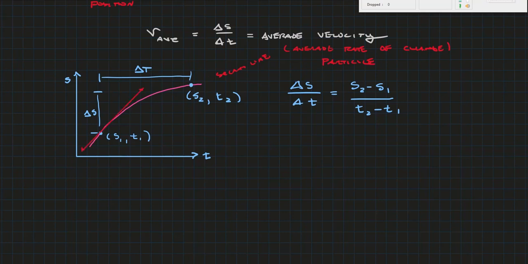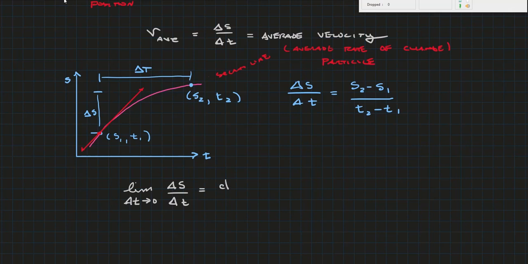So if delta t gets smaller and smaller, we end up with a tangent at S1, and we can represent this with calculus by taking the limit as delta t approaches 0 of delta s over delta t.